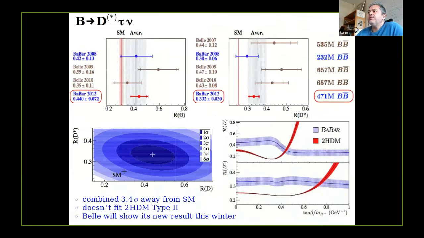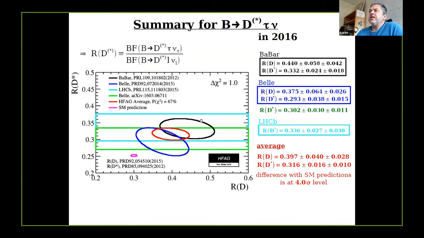And those observables were seen deviating from the standard model. And this is going to be better seen in the 2 dimensions. So this was the observable I was mentioning, the ratio of the branching ratio of D tau nu, D star tau nu versus the branching ratio of D lepton neutrino, D star lepton neutrino, which allows you one more time, especially when you use a leptonic decay of the tau, to cancel a lot of the systematics.